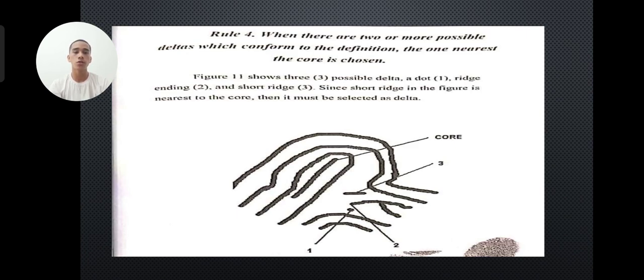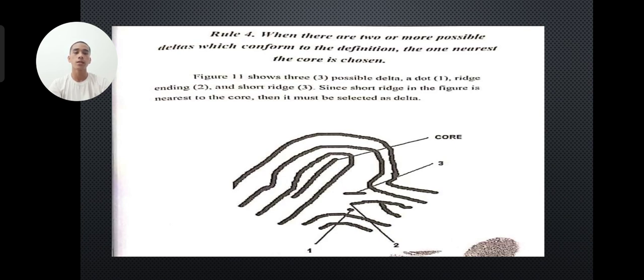So, based on the illustration, ang pinakaduol sa core is si dot. So, therefore, ang giingon sa rule number 4, when there are two or more possible deltas which conform to the definition, the one nearest the core is chosen. So, ang pinakaduol sa core mao ang atong pilion nga mahimong delta.